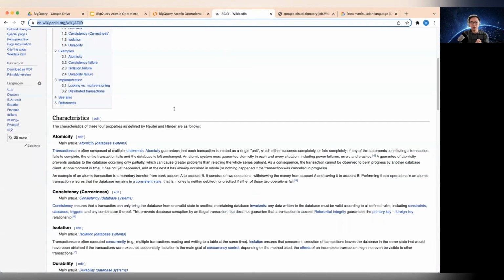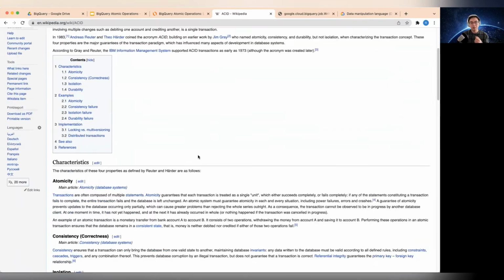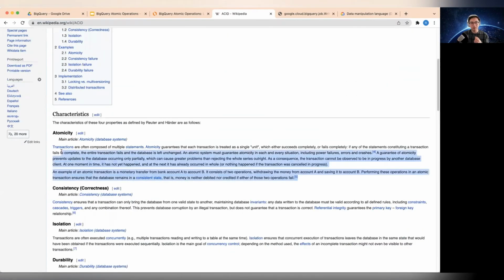If you look at this Wikipedia page, if you search for computer science ACID, it's a set of properties of database transactions intended to guarantee data validity despite errors or power failures, and other things. The one I would like to focus on here is atomicity, which is also called atomic. These two words are used interchangeably.